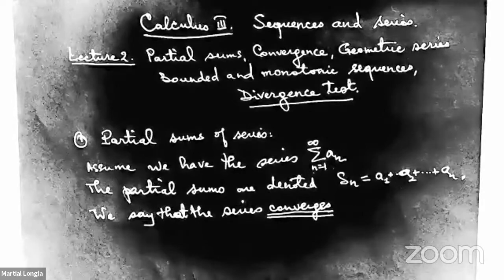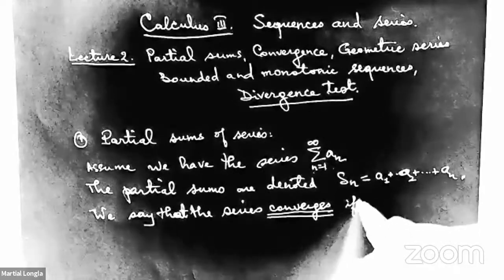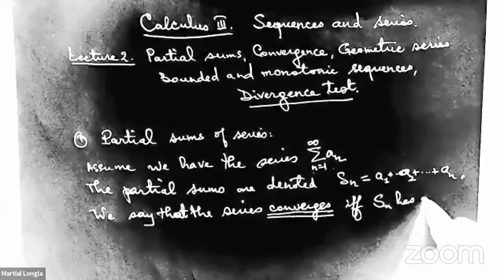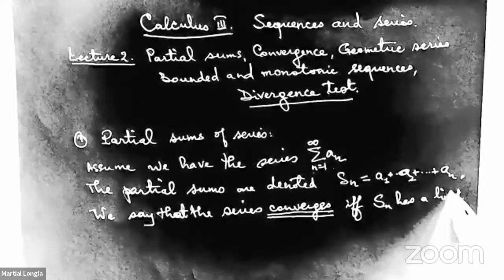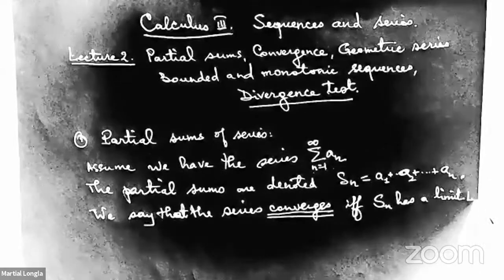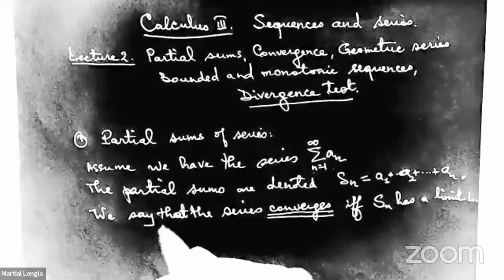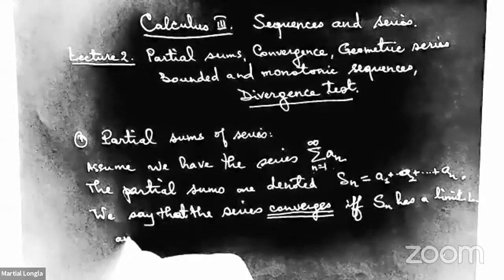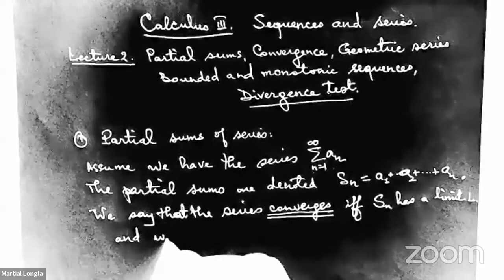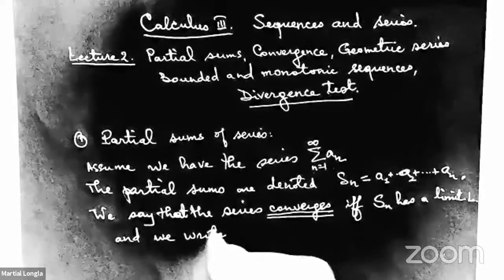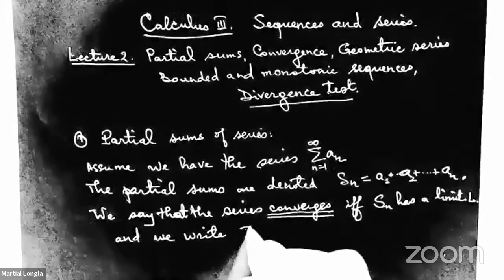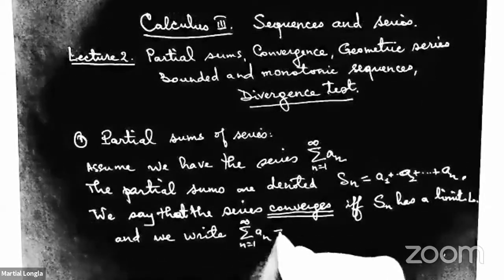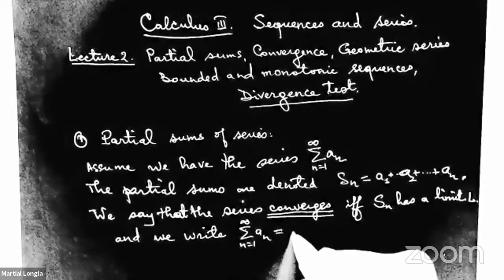We say that the series converges if and only if S_n has a finite limit L, and we write the sum from n equals 1 to infinity of a_n equals L.